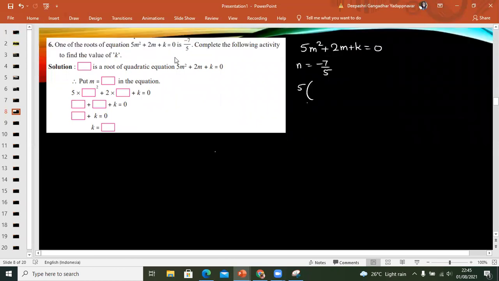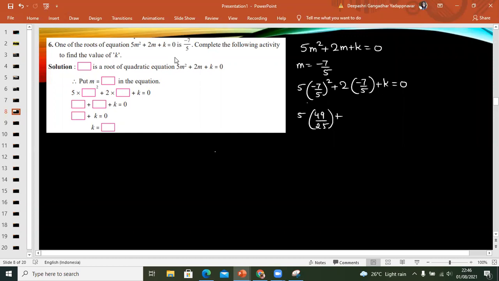So I'll substitute here 5 times negative 7 by 5 square plus 2 times negative 7 by 5 plus k equals 0. Negative times negative will be positive, so this will give you 49. 5 times 5 is 25.